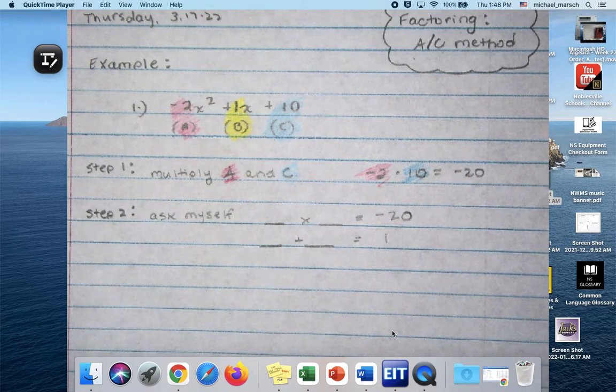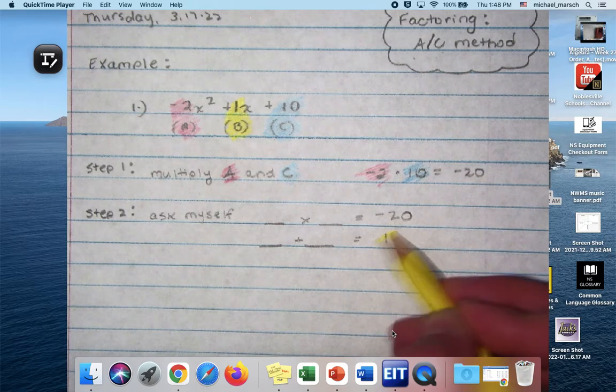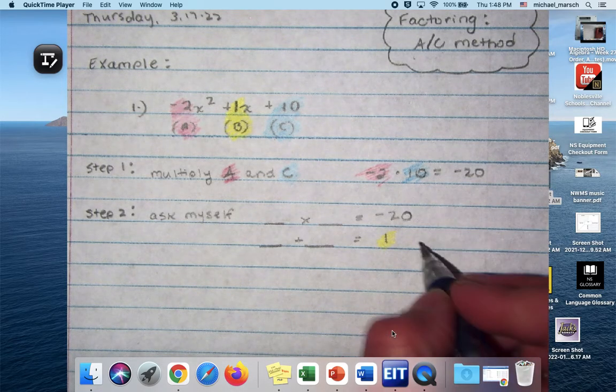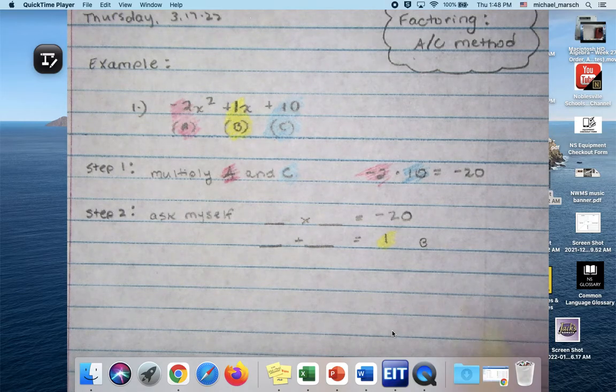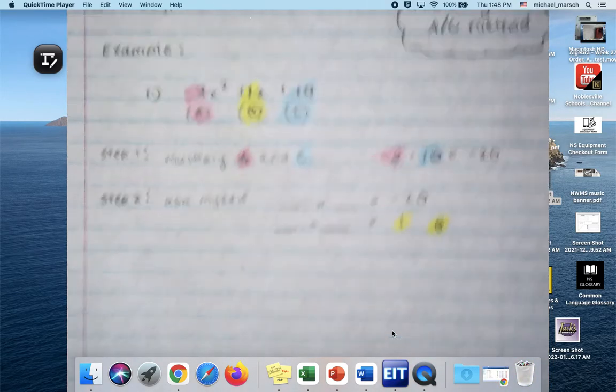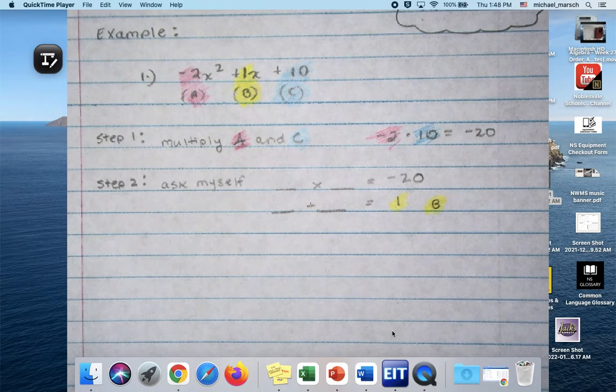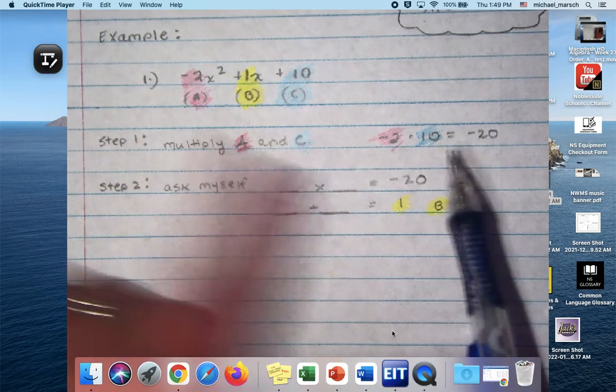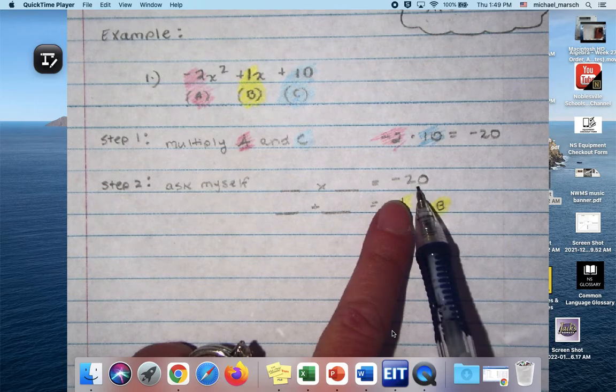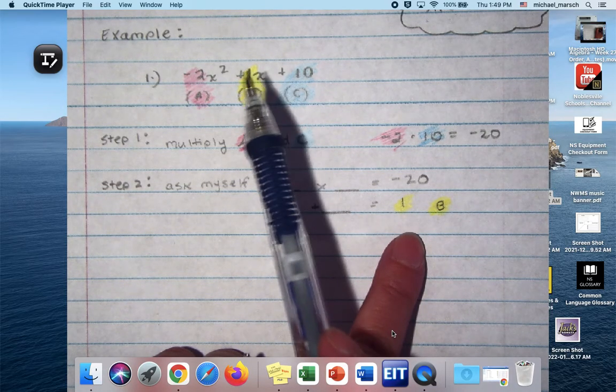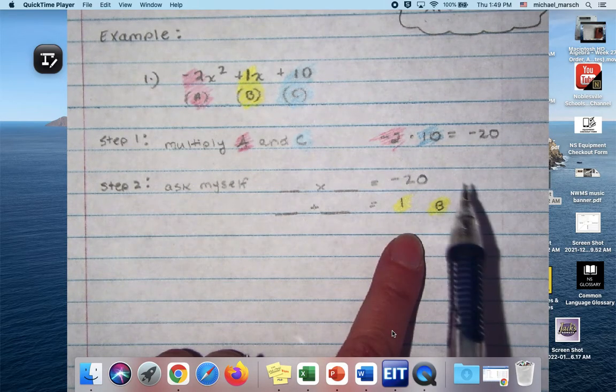And that 1 is the B value. So it's not super different at this point from what we were doing before. What times what equals something, what plus what equals something else. The only difference is we had to multiply A and C to get this number, and then we just took whatever our coefficient was here in the middle for B.